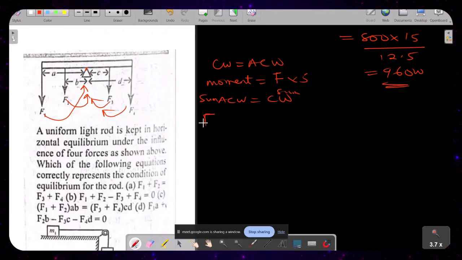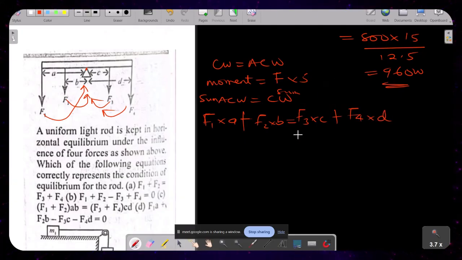For the anti-clockwise, I have F1 times A plus F2 times B. We're done with the anti-clockwise, so let's go to the clockwise. We have F3 times C plus F4 times D.